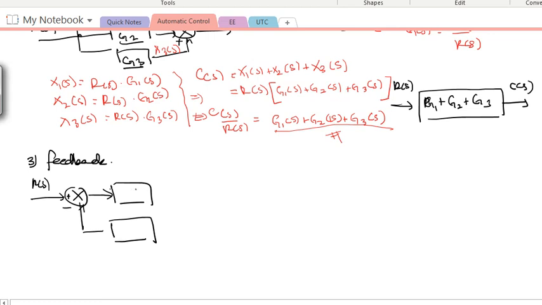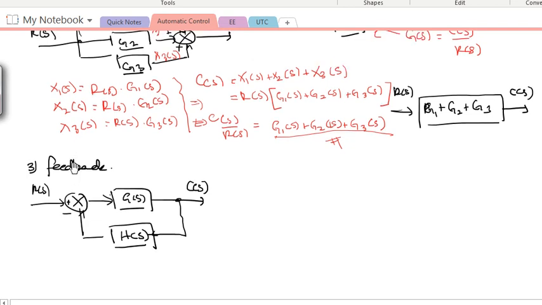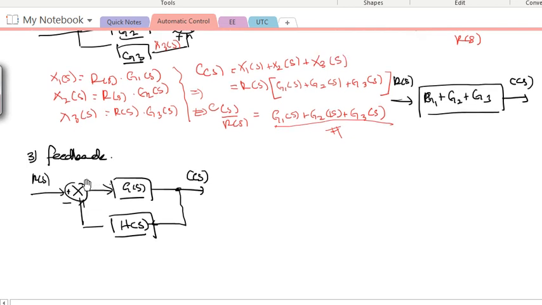Let's say I call the transfer function GS. So you have the output CS, and you take the feedback measured by a sensor. Let's say the transfer function of the transducer or the sensor is called HS, and it is compared in this summing junction, right? To calculate the error.